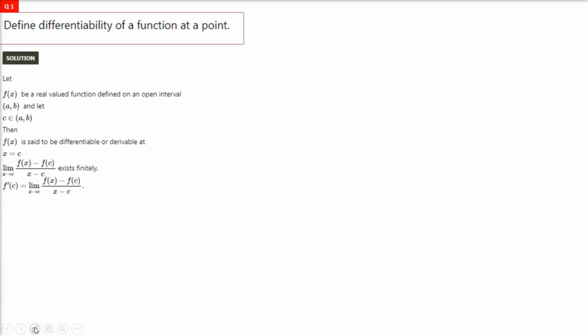The basic idea is that the base is a function. So if f(x) is a real valued function defined on an open interval (a, b), and you are given a value c at which you have to check, and this c belongs to the interval (a, b).